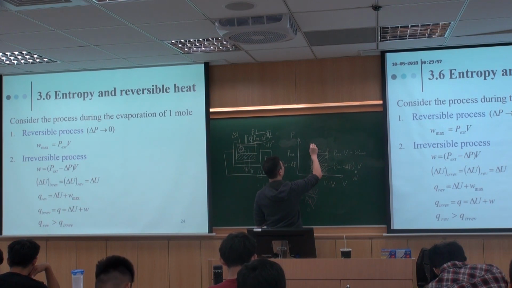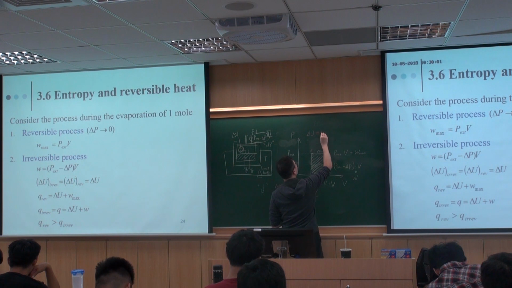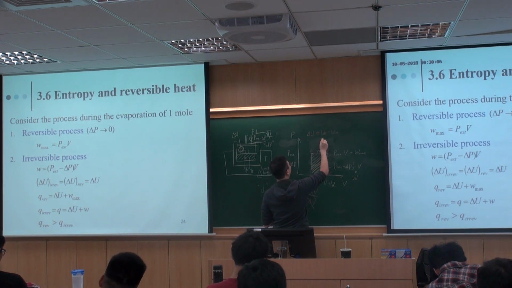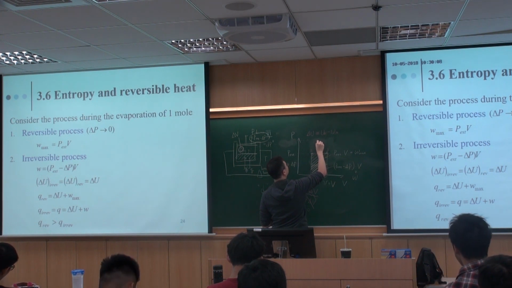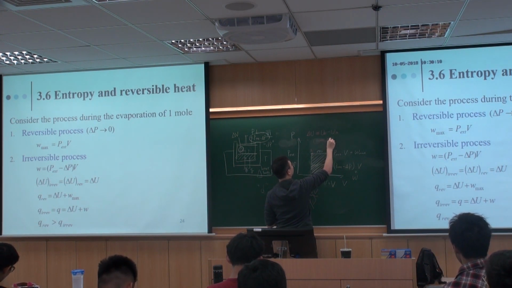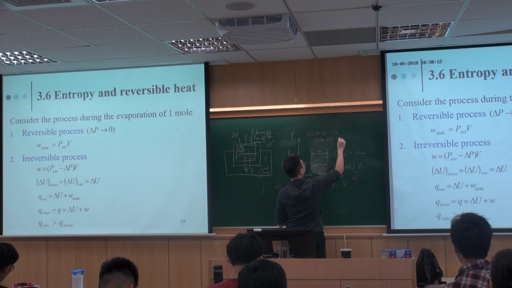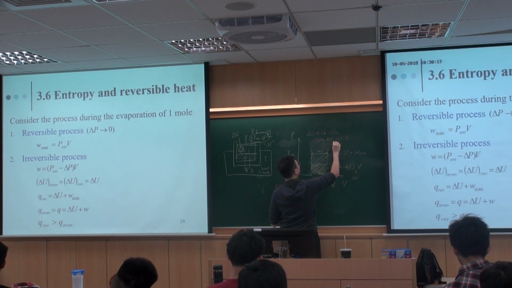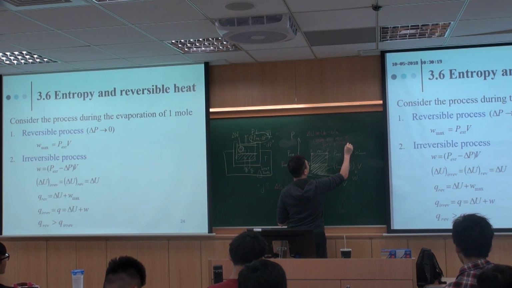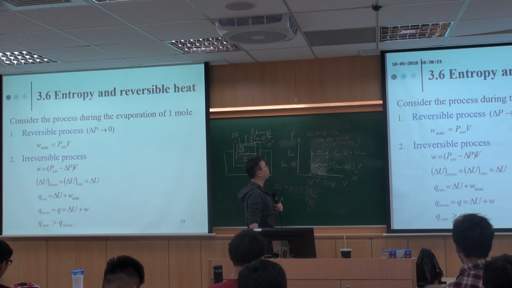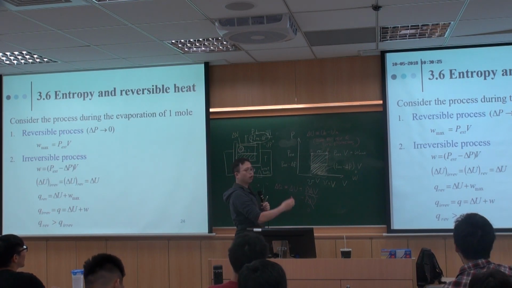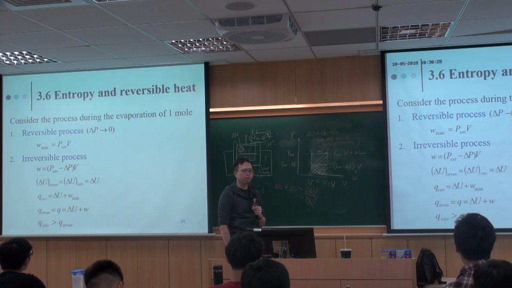Which means that here you have delta U defined as UB minus UA, and for both reversible and irreversible processes, delta U is the same.